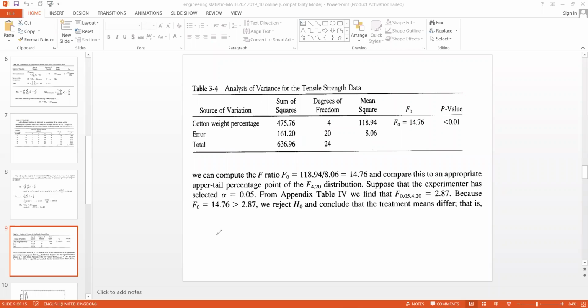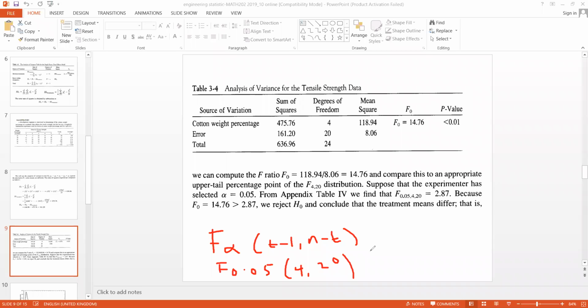We said that we have to go and read F with alpha, and then T minus 1 and N minus T degrees of freedom. In this case, our alpha was 0.05, that's 5%. Your T minus 1 is 4, and your N minus T is 20. So we have to go read this value from the table.